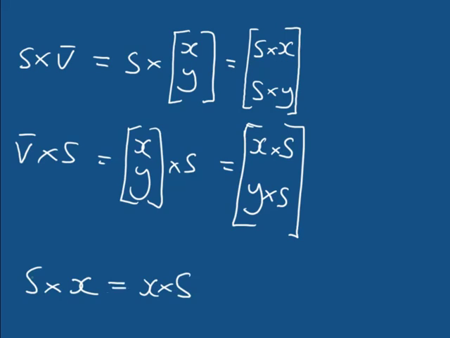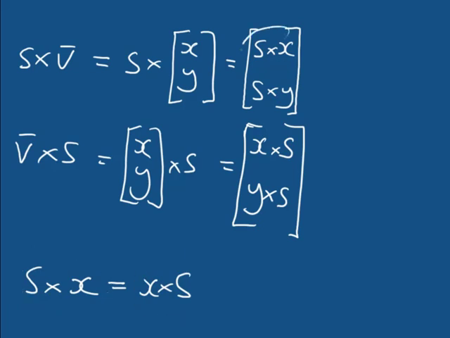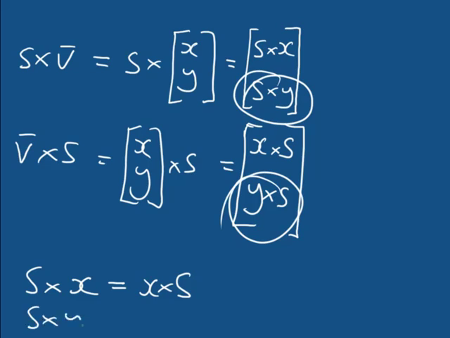But you'll notice, because these are just scalar values, and we know that scalar multiplication is commutative, we saw that in the first volume of this series, therefore we know that s times x is the same as x times s. That is to say, the first component of this result is identical to the first component of the second result. But we can see the exact same thing here with the second component. We have s times y, which we know is equal to y times s. Scalar multiplication is commutative.